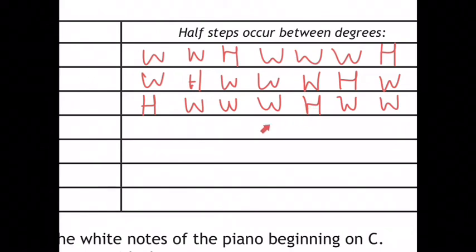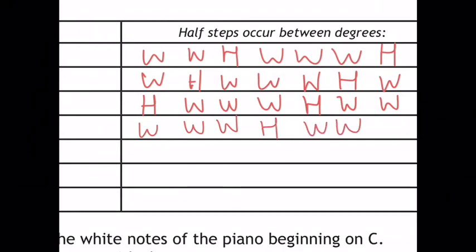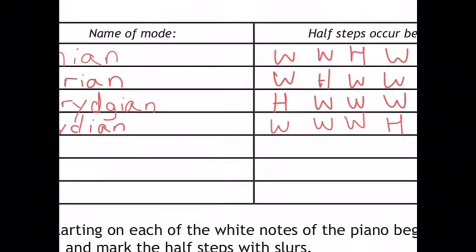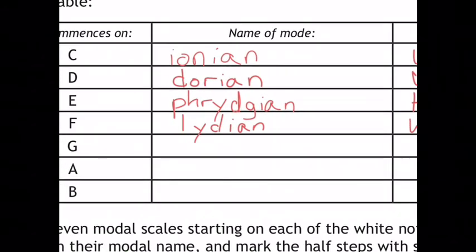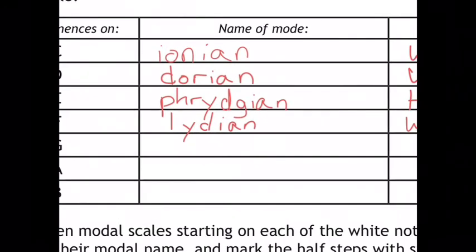Everything moves down to the left. So we're going to start with whole, whole, whole, half, whole, whole, half. Okay, that's Lydian. And then the mode starting on scale degree 5 of the major scale is called Mixolydian.